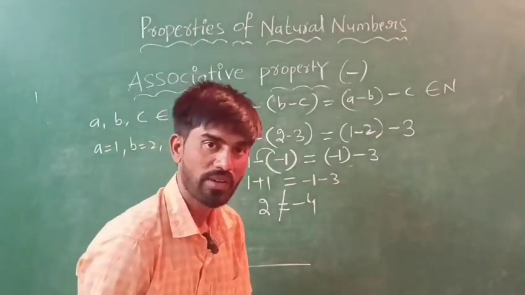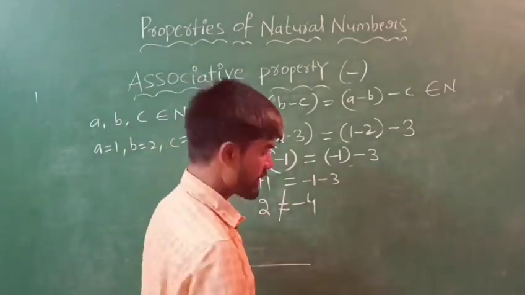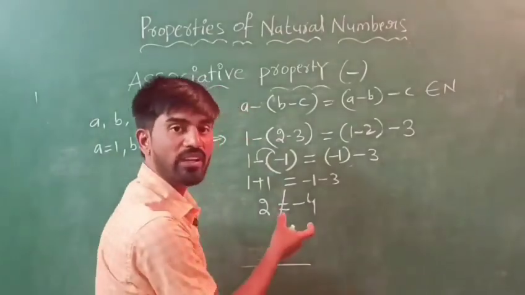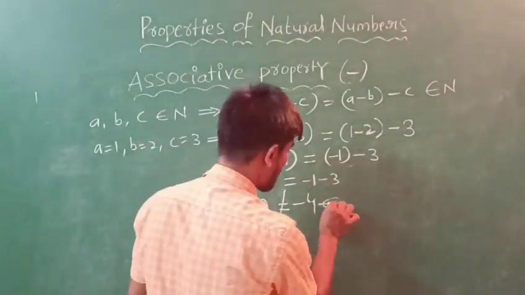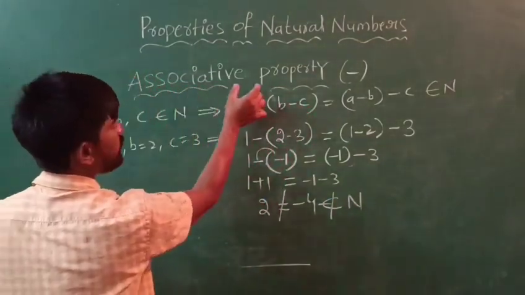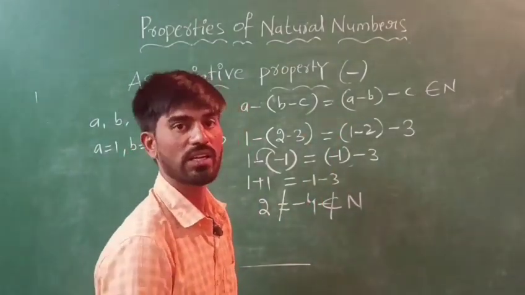The left hand side does not equal the right hand side. This is not a correct equation, and minus 4 does not belong to natural numbers. Here the associative property under subtraction is not satisfied, not followed.